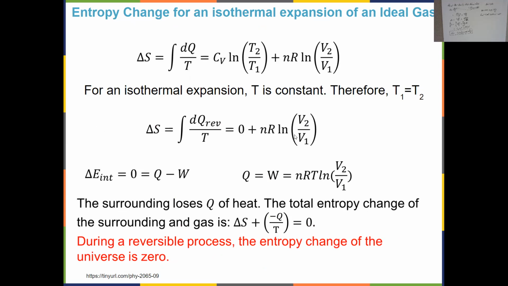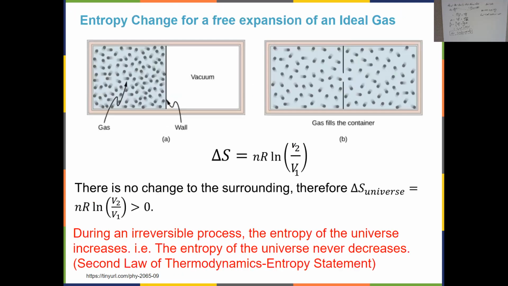The final volume is twice the initial, so the natural logarithm argument becomes the natural logarithm of 2. This is for the gas system. Now the surrounding is well isolated, so outside of the box there's no change. So the surrounding will be 0 for the entropy.